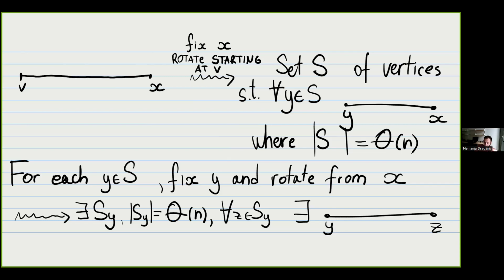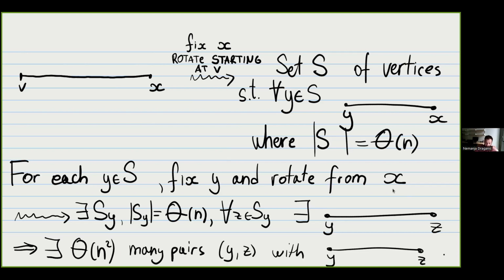So for each y, you will have linearly many z's. So what this means basically is that we'll have quadratically many pairs which are endpoints of a longest path. For x, we got linearly many y's, and for each of these, we got linearly many z's.